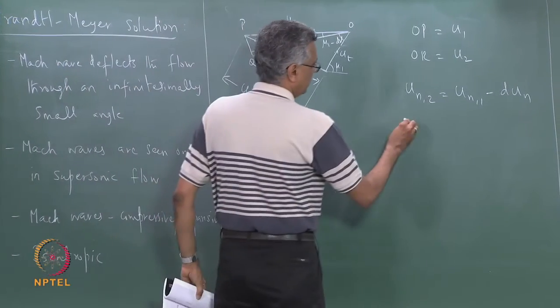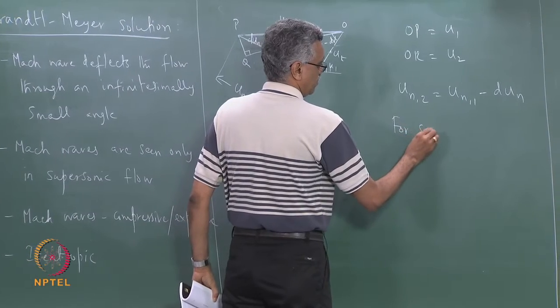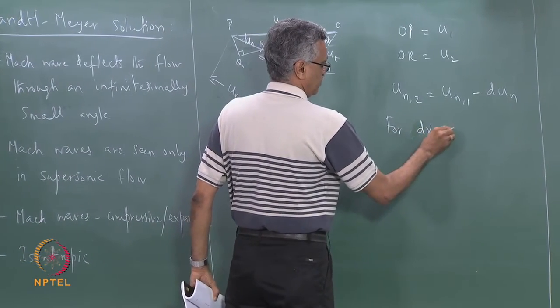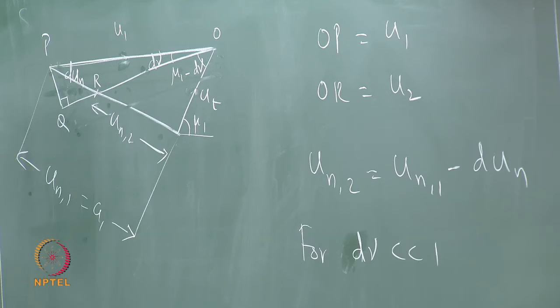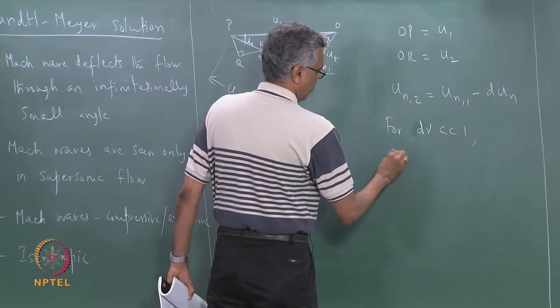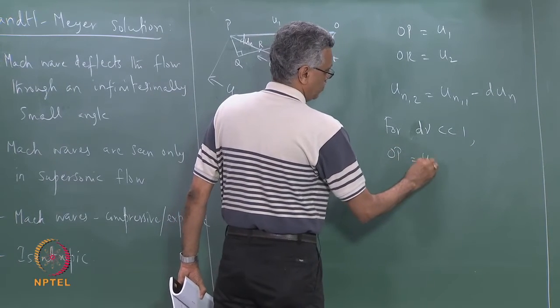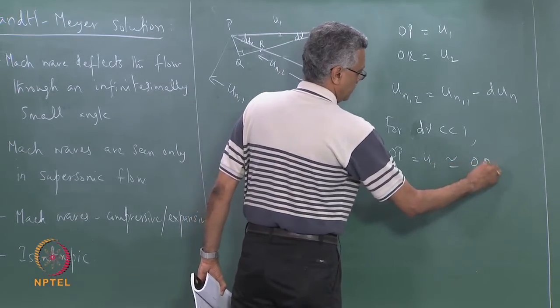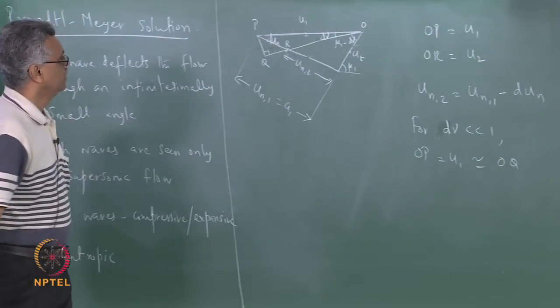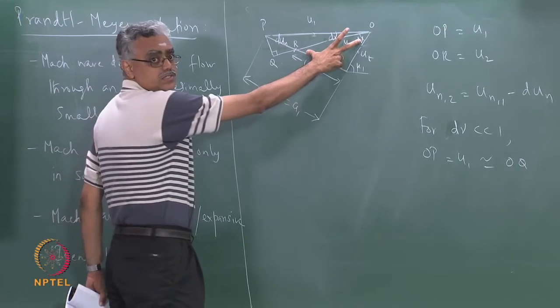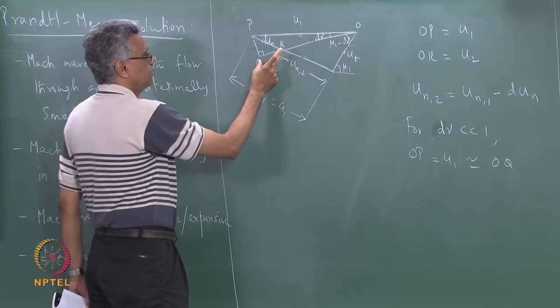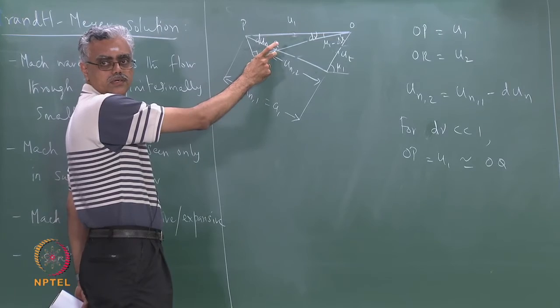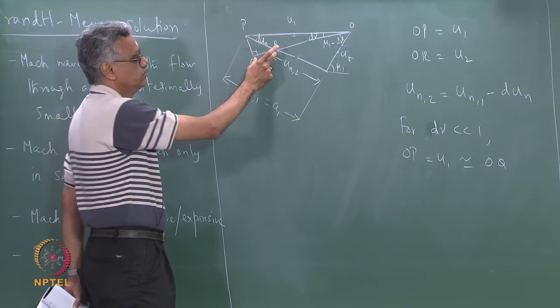For small d nu, much less than 1, OP equal to U1 is approximately equal to OQ, which means that since OR is U2, RQ is going to be DU, right?